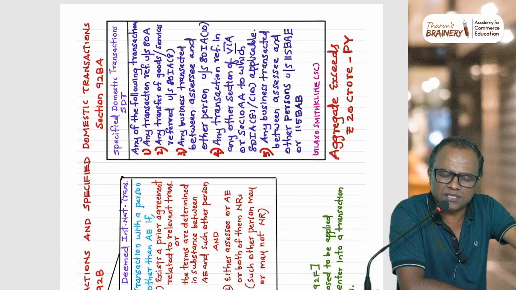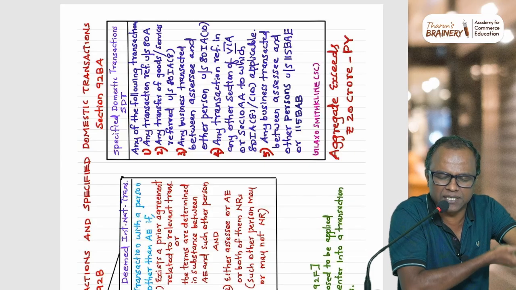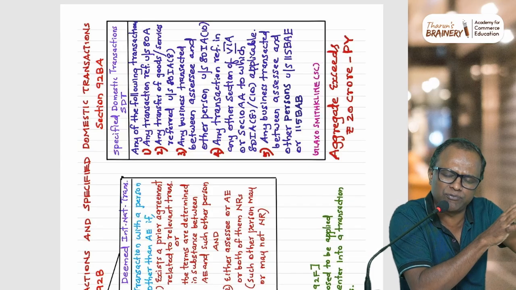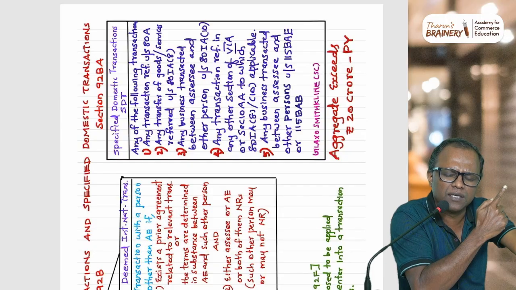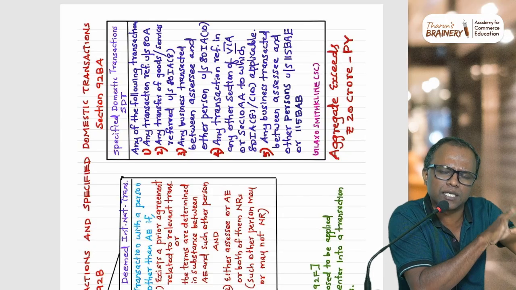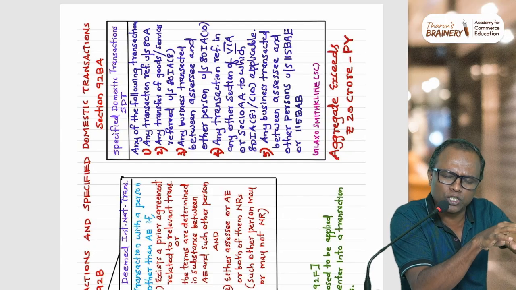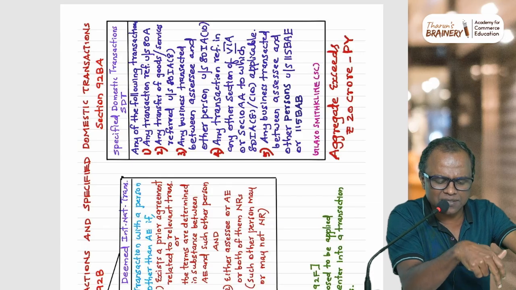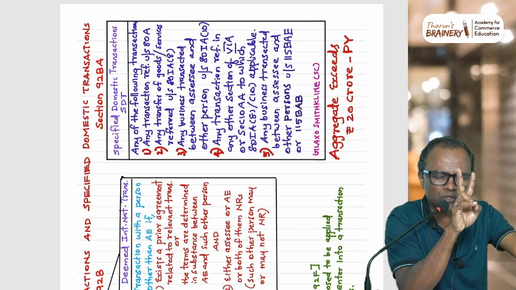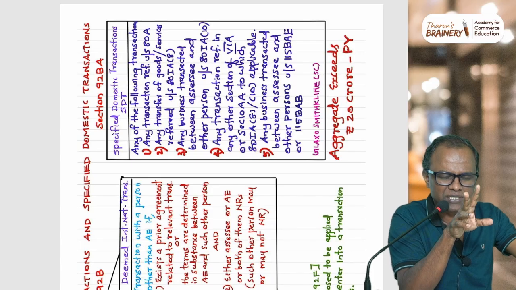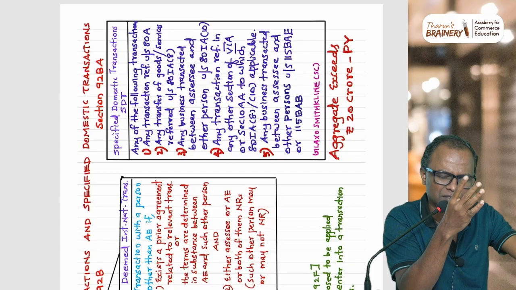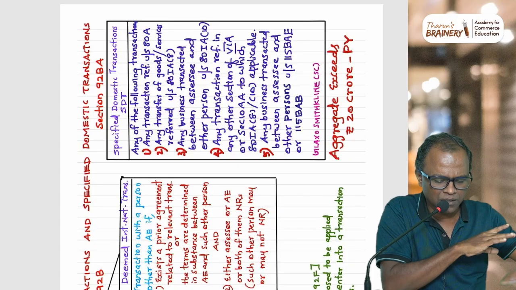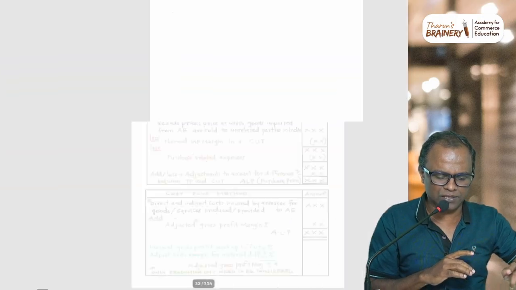There is no similar provision for transfer pricing in the case of international transactions. If you carry out a single rupee of international transaction with the AE, TP is applicable. But to attract domestic transfer pricing, these listed transactions should exceed rupees 20 crore in value in a previous year. Then only will transfer pricing be applicable to specified domestic transactions. So this is the applicability of the transfer pricing provision.